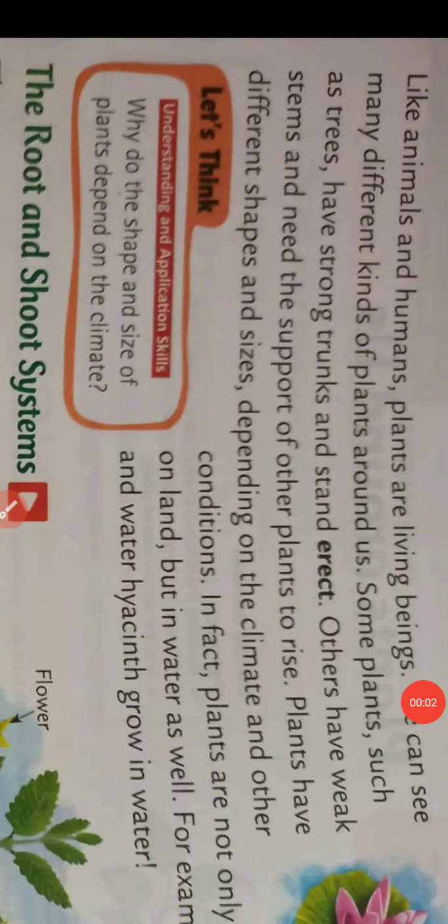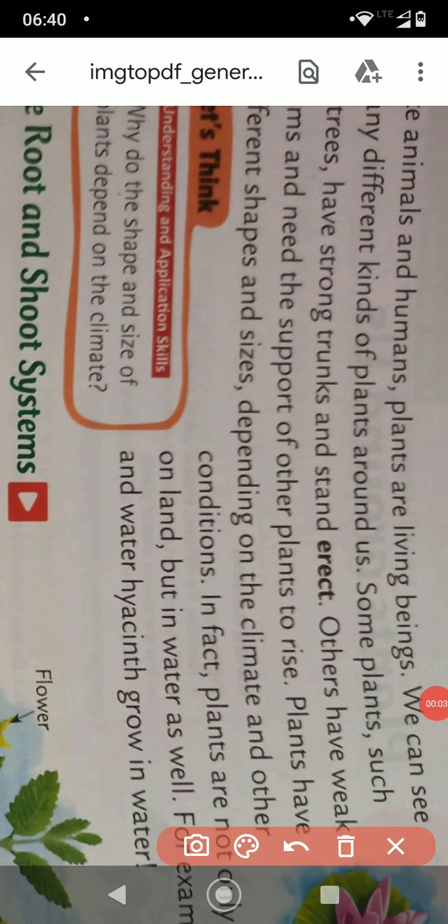Okay, children, so we just saw that some plants, such as trees, have a strong trunk and they stand erect. So whenever you see mango trees, neem trees around you, in our school there are so many neem trees, right?